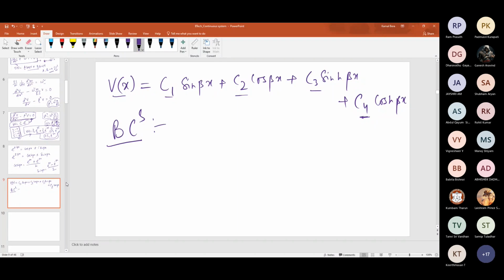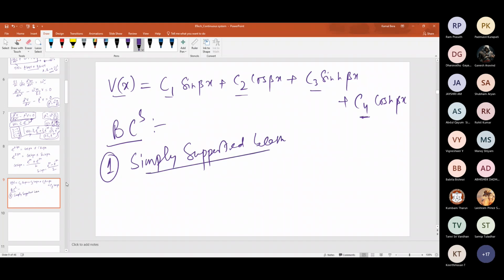Let us say the first, simple case is the simply supported beam. Here the vertical displacement will be 0, and the slope condition applies at both ends. If x equals 0 and x equals L, where L is the length of the beam, then v at 0 at any time t equals 0, correct?